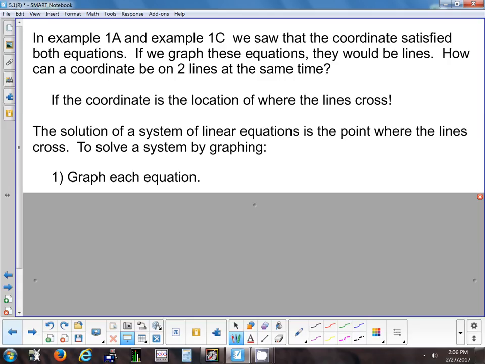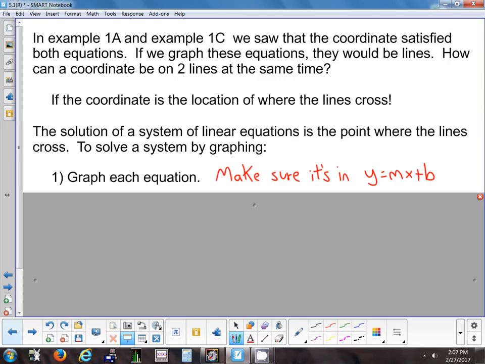One thing I want to add, make sure that the equation that you're going to graph is in y equals mx plus b form. And we just talked about, that's why we did the warm-up, how to use that slope-intercept form of y equals mx plus b to graph.